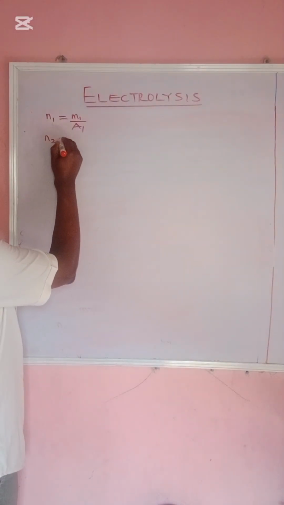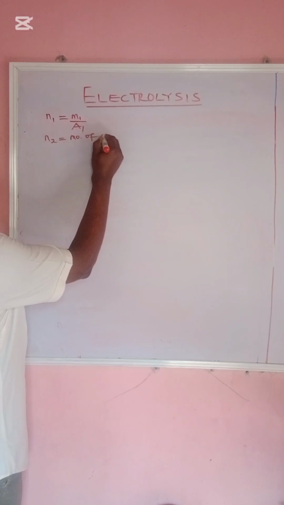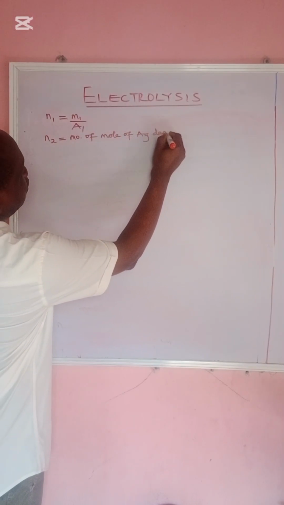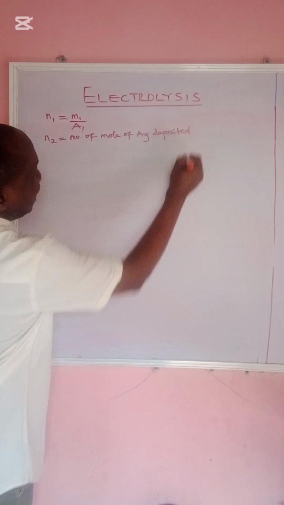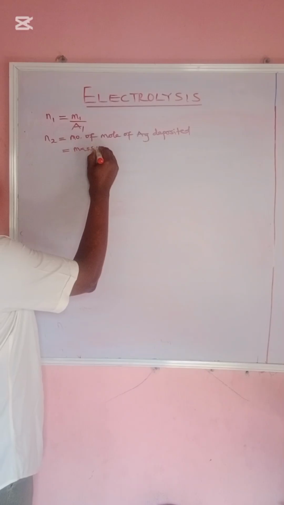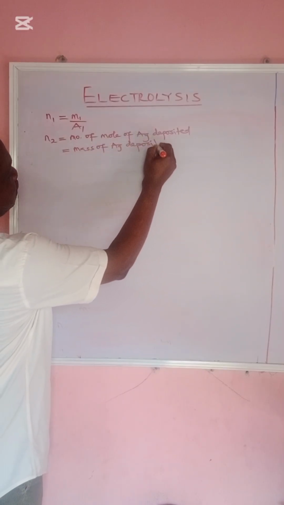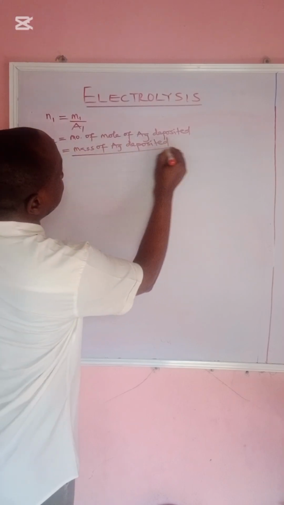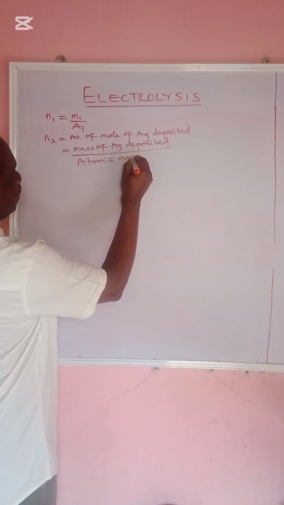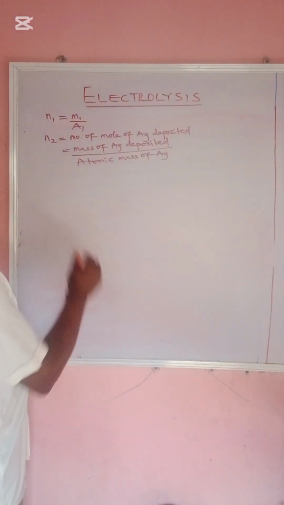Let N2 be the number of mole of silver deposited at the electrode, and the formula is mass of silver deposited all over atomic mass of silver.